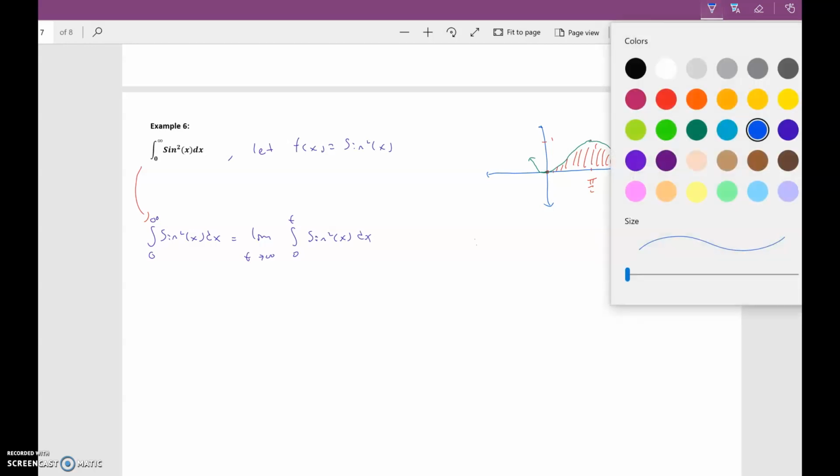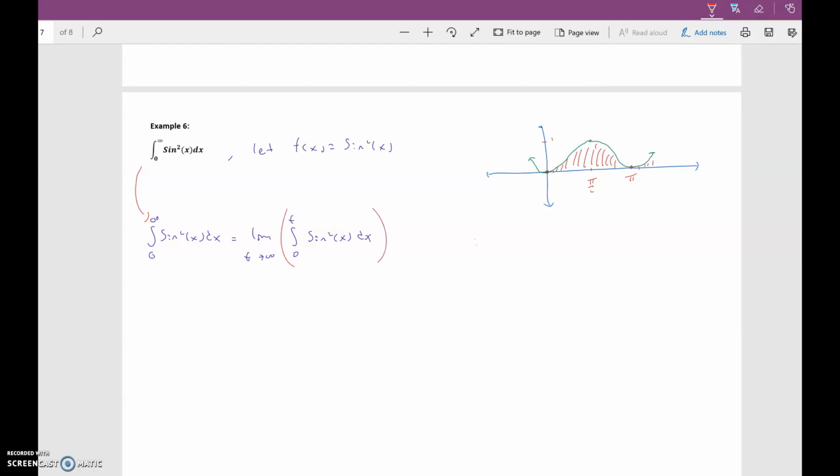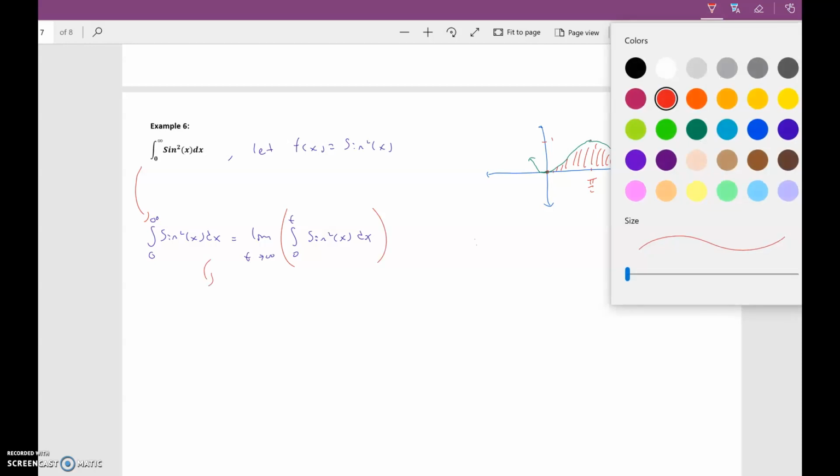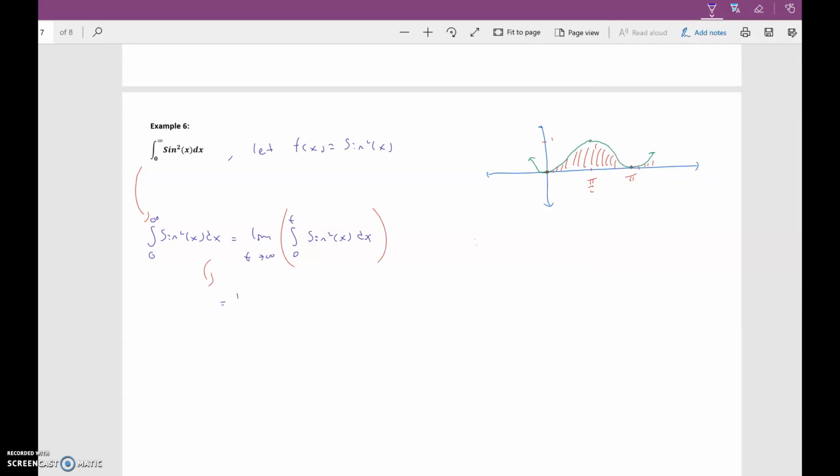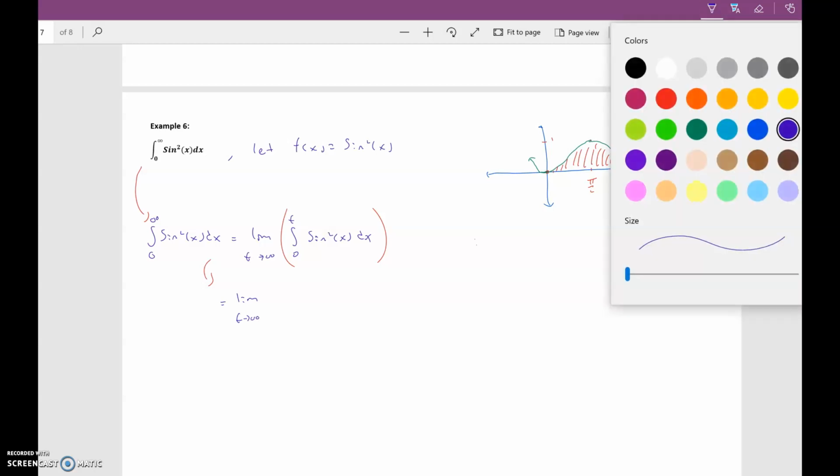I'm going to rewrite it as follows, using the formula, or technically the shortcut, that we've been using. So this is equal to the limit as t approaches infinity of the following.